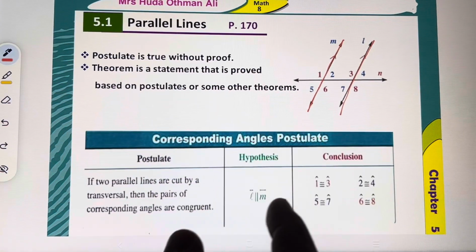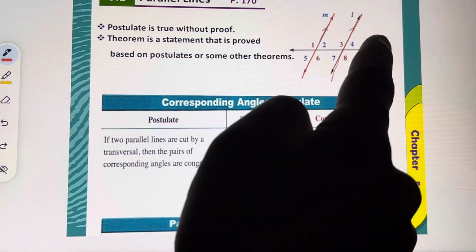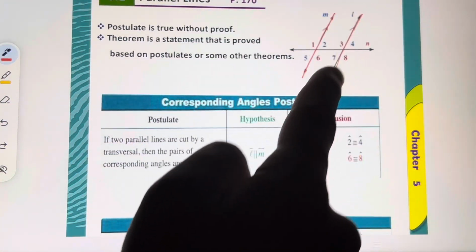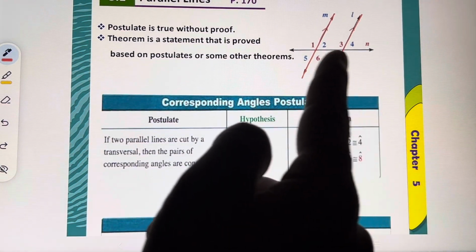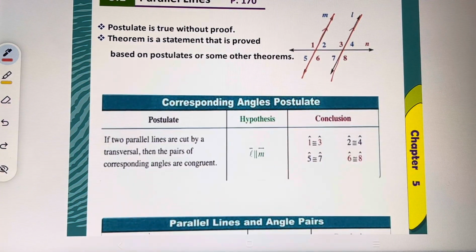All right, dears. Now we've got a postulate. The postulate says if two parallel lines are cut by a transversal, then the pairs of corresponding angles are congruent to each other. So let's say lines L and M are parallel to each other, and line N is the transversal that cuts those two lines.